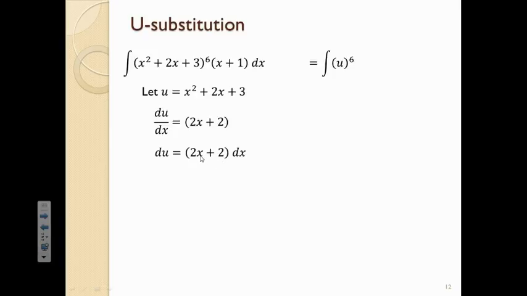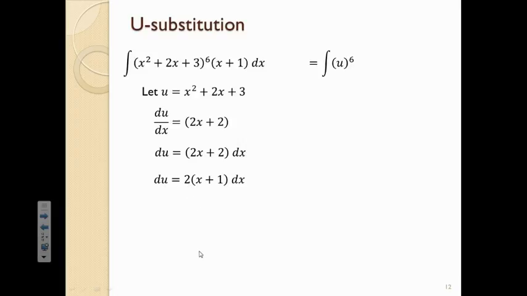But we can get x plus 1, that's what our goal is, by factoring out the 2. So we factor out the 2, we get du equals 2 times the quantity x plus 1 dx. Well, now, this looks familiar, but we want to find what x plus 1 times dx is equal to. And it's not equal to du, because du is equal to twice that.